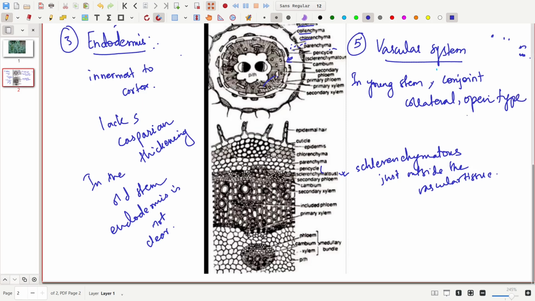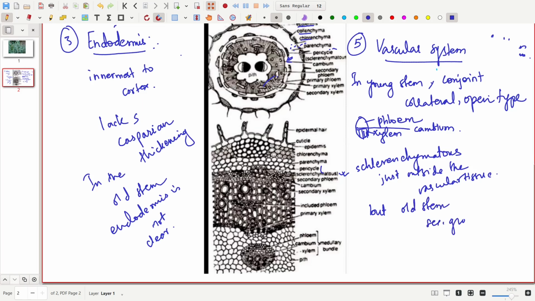This means the xylem is at the inner part and phloem at the periphery, and there is presence of cambium. But the old stem shows secondary growth.